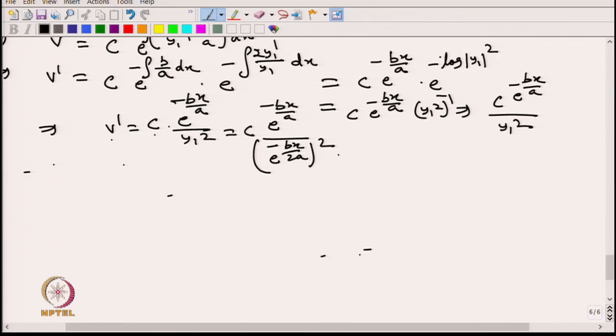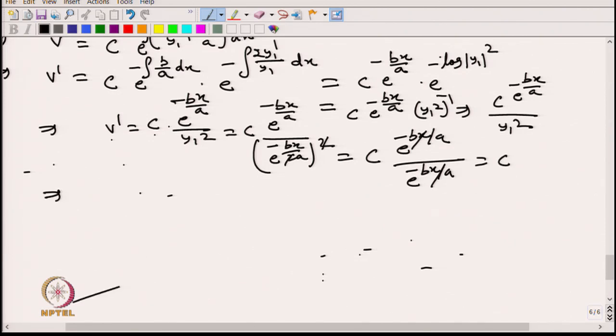So, if I take this one, it becomes c e raised to power minus bx by a, and then taking the square of this, it again becomes bx by a, because 2 will cancel out from this and this will cancel out, and you will get the constant of integration, that is c. So, from here I will get v dash is equal to c. Now, I will get v dash equal to c, and the constant integration is this one.